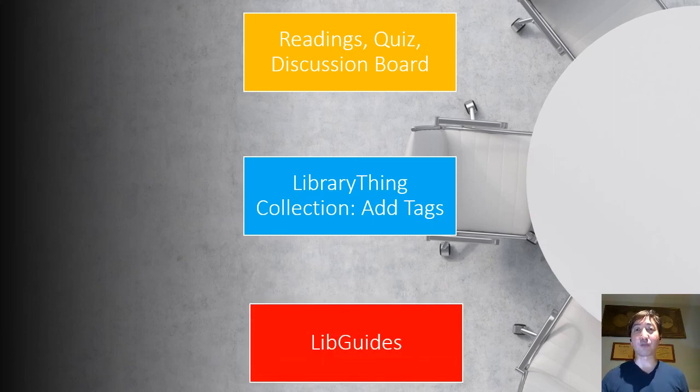LibGuides is a platform that many libraries use, mostly academic, but some public and school libraries do as well, to put together resources and links to other resources around topics for their community members. We'll be using it as a way to support one of your final projects for this course. All you have to do this week, though, is set up your account. There's a separate video with those details as well.